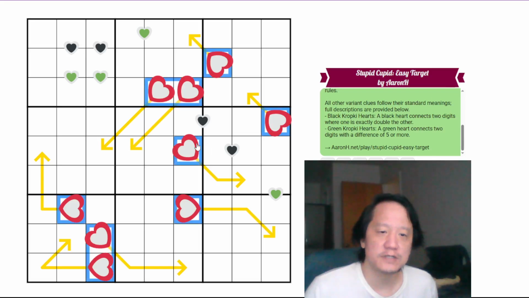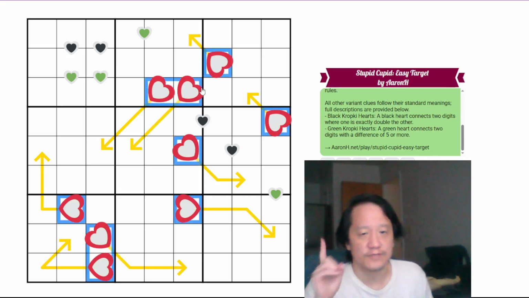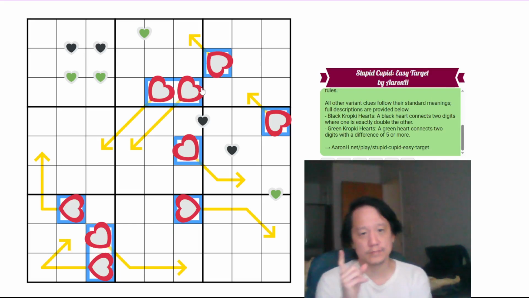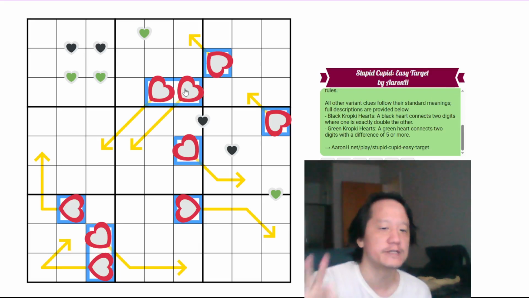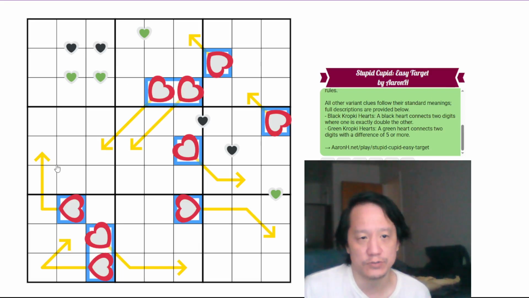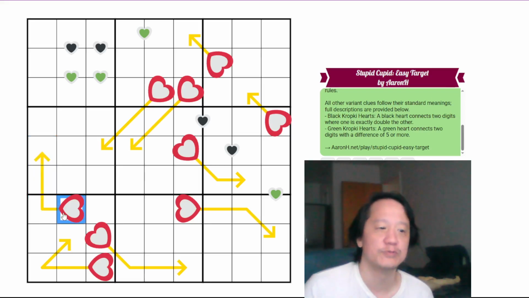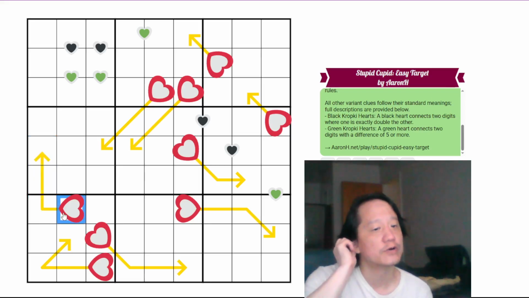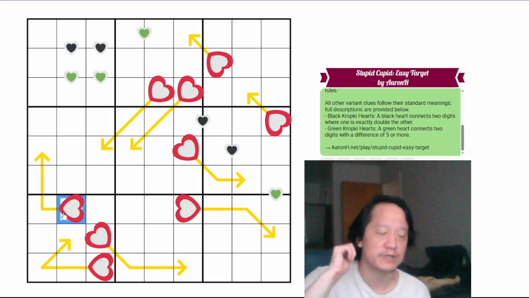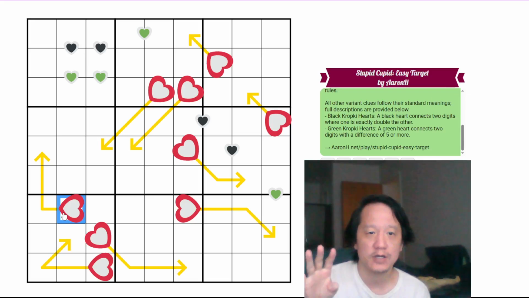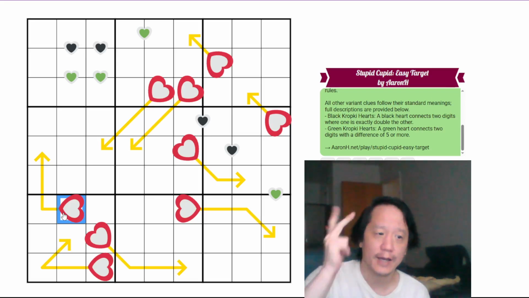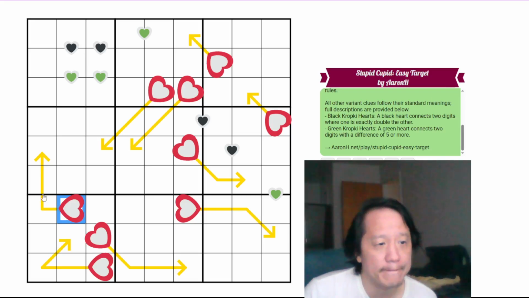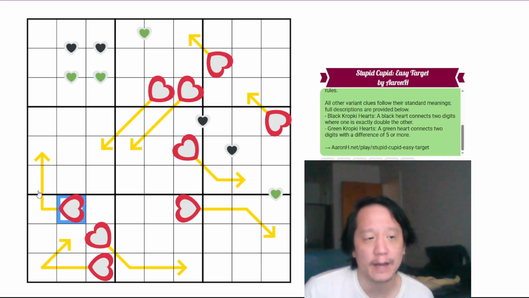Okay, so since each of these hearts has a different sum, and we know that if you have 3 unique digits adding up to a single digit, you're guaranteed that that digit must be 6, 7, 8, or 9. Because 3 unique numbers is at minimum 1, 2, and 3, adding up to 6 at minimum.